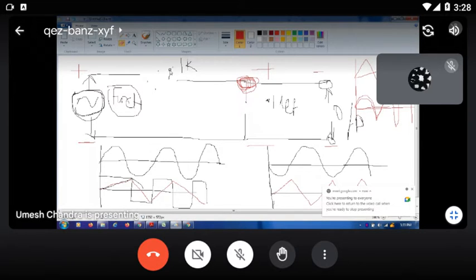Then in place of the resistor, I fix a capacitor. I remove the resistor and fix a capacitor, and the same, remove the capacitor and fix a resistor. This is a 1 kilo ohm resistor, and the same 0.1 microfarad capacitor.